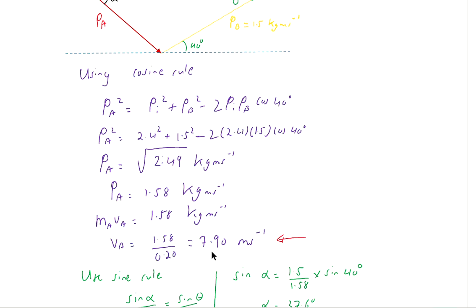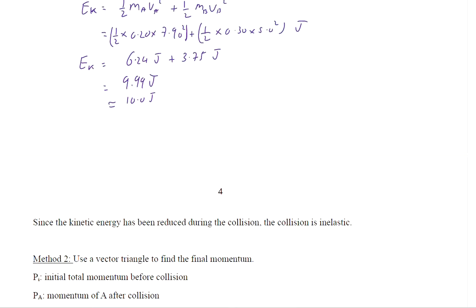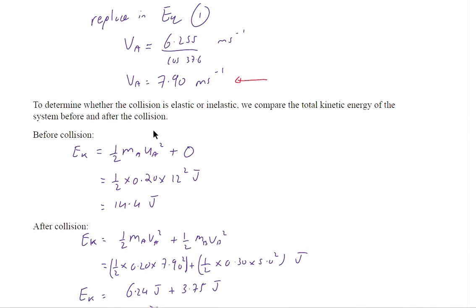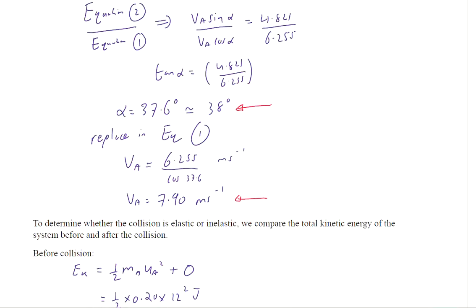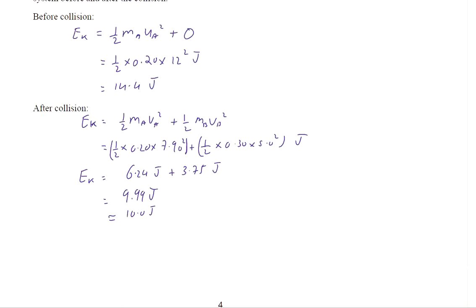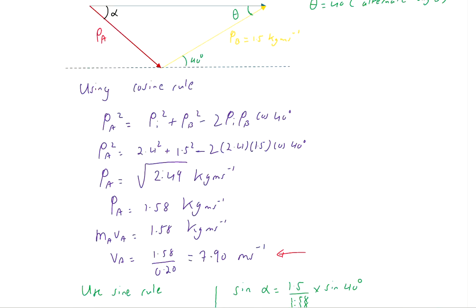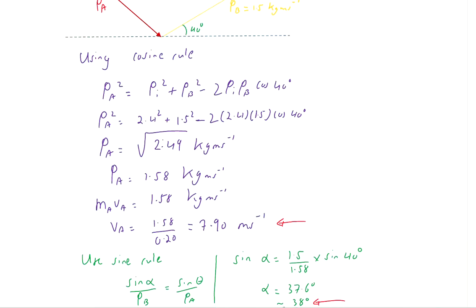What do we get? 7.90 meter per second, which is indeed what we got using the method by resolving. You see what method you prefer. Whether you prefer resolving or draw the triangle, use trigonometry, it's up to you.